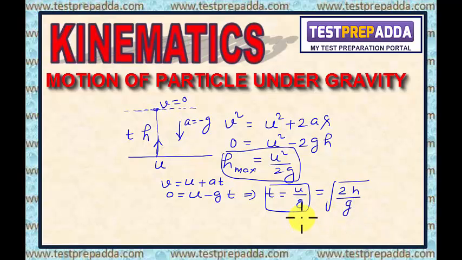Now, in free fall also, we got time t to cover this h height as root 2h by g. In both the cases, the time taken is root 2h by g. So, what conclusion we can draw here? The conclusion is time t to cover h height is same whether object is going down or up.